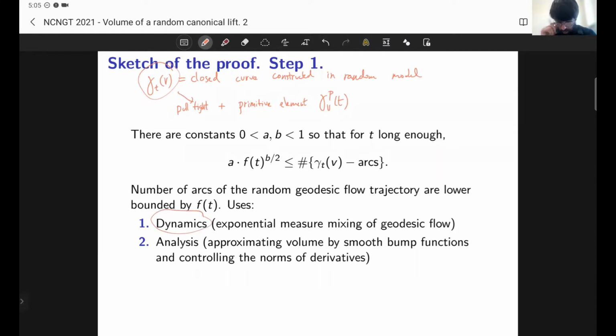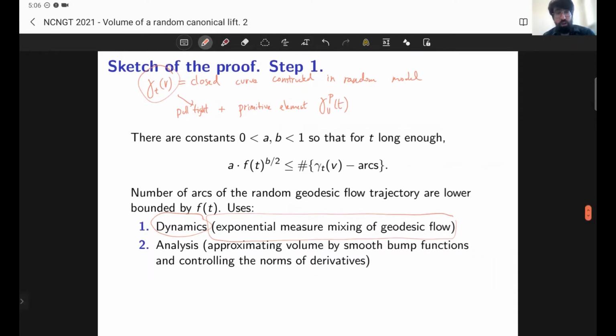In particular, it is going to use the exponential mixing of the geodesic flow, and then some analysis, because to apply the exponential mixing, which is a result that, in fact, will be an independent result that we will prove in this project, we need to approximate the volume of the sets B_i by smooth functions, by smooth bump functions.